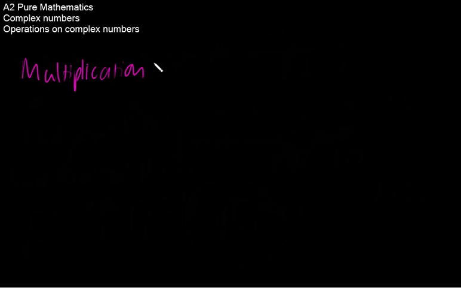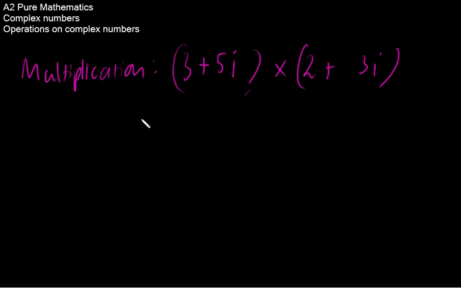So multiplication. Say now we have two numbers, 3 plus 5i, and something that we can easily multiply, say 2 plus 3i. So we want to multiply these two. Now consider i as being an x. So i here, just consider it as a variable.